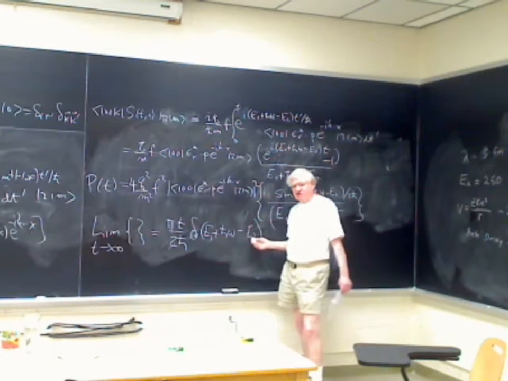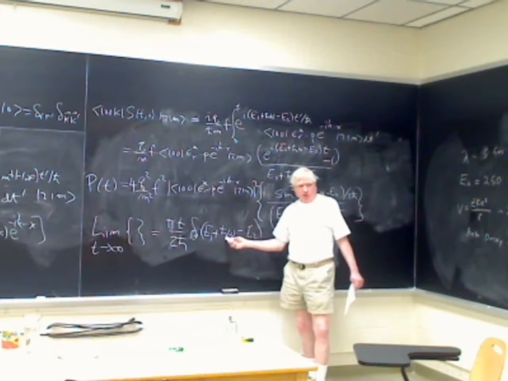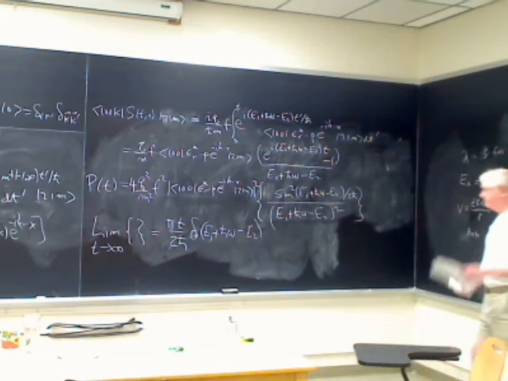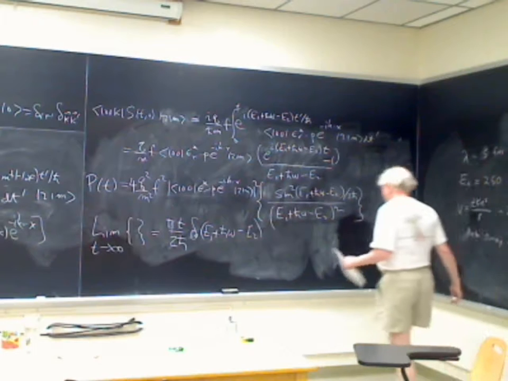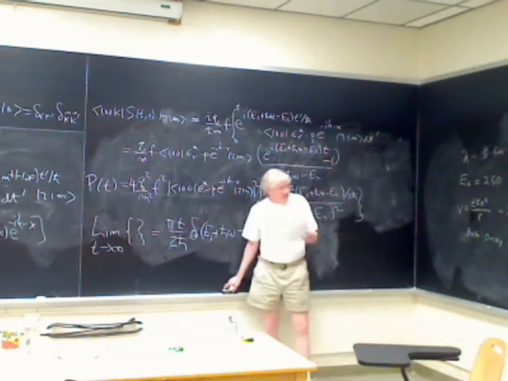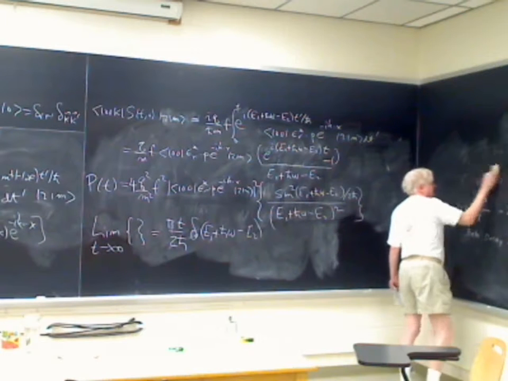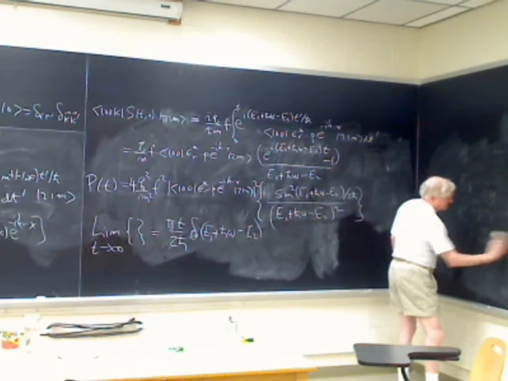The initial state energy being E2, the final state energy being E1 atomic plus h bar omega for the emitted photon. Okay, so when we make that substitution, we get an expression for the rate, which we then have to multiply by the density of final states and sum over those final states.